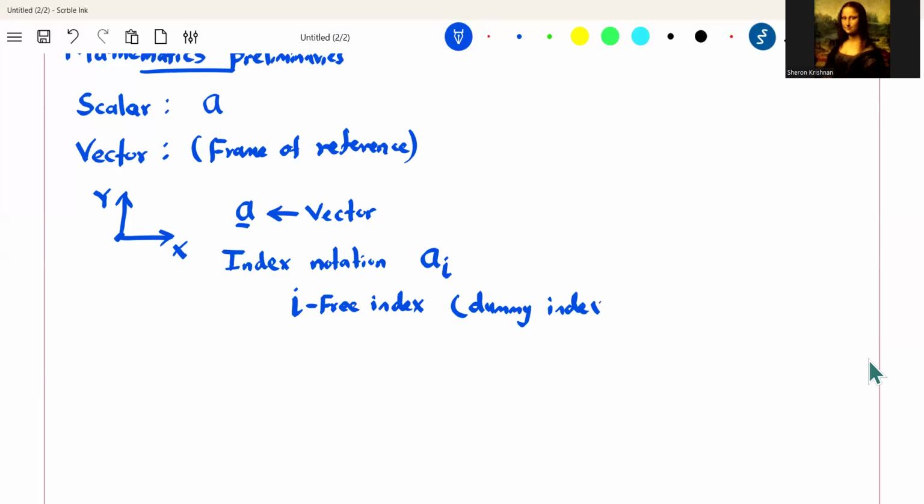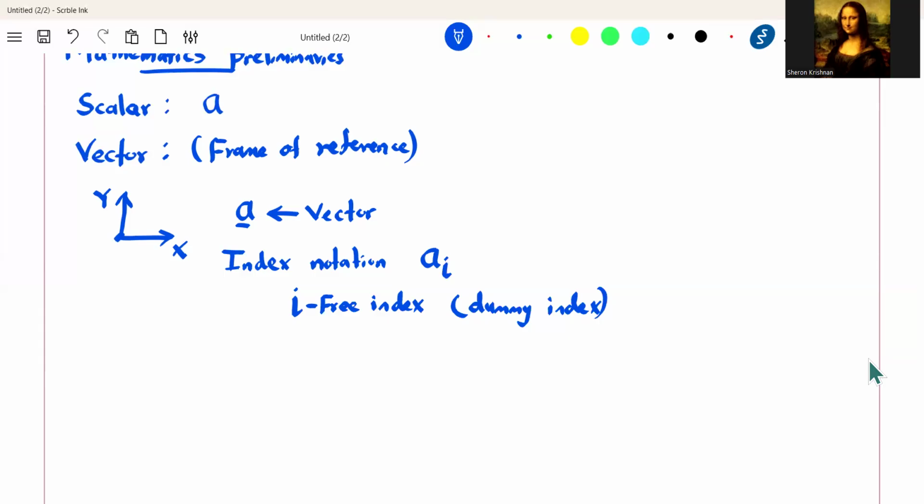Dummy index means you can represent it by any letter. Instead of i, you can use k, l, m, n, whatever letter. We don't use o, because it is confused with numbers. So other than o, we can use any letter here. It is a dummy index.